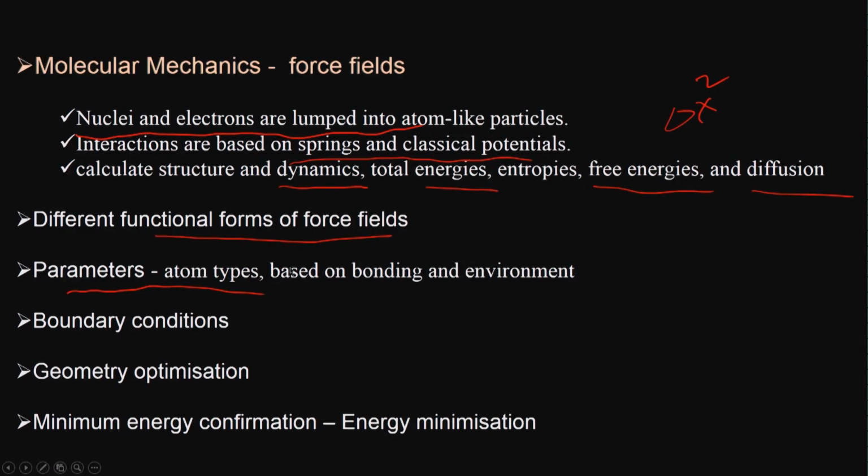And then there are a lot of parameters in this force field. So they all depend upon the atom types, okay. Atom types means a carbon can have different environment and different bonding, right. You can have carbon single bond, carbon sp3, carbon double bond, carbon sp2, carbon triple bond, carbon sp, okay, and then carbon in the aromatic, carbon in a 5-membered ring form and so on.